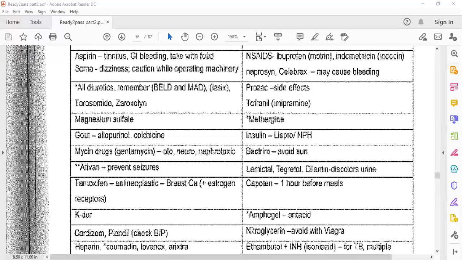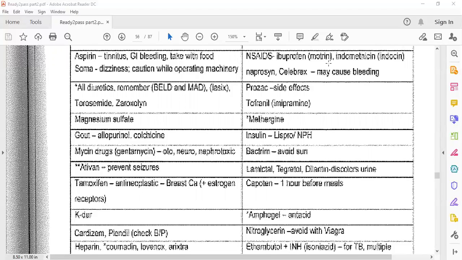It can also be used to treat cold and flu-like symptoms. Aspirin is also known as acetylsalicylic acid, right? Another medication class is called NSAIDs, especially ibuprofen and indomethacin.